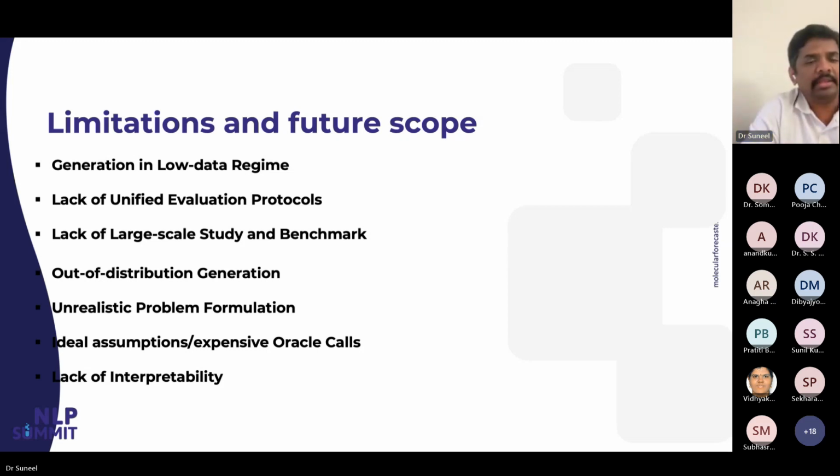Sometimes we observe out-of-distribution molecules, meaningless compounds. We can find bulky compounds or too flexible compounds, and there are no filters to reduce that noise. It all depends on our training set. And the third is lack of interpretability.